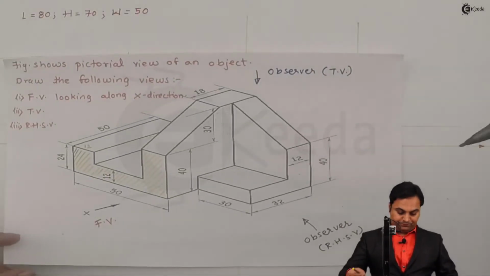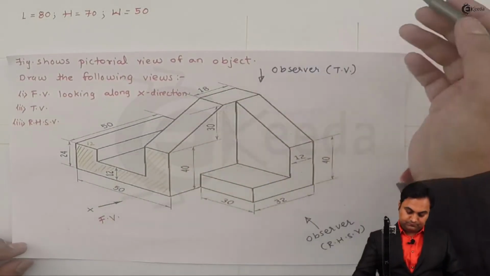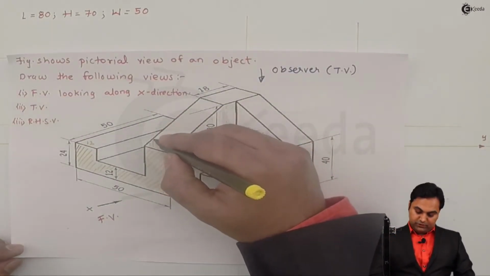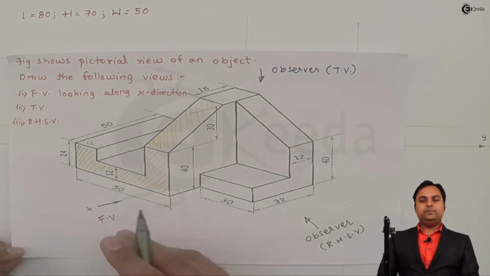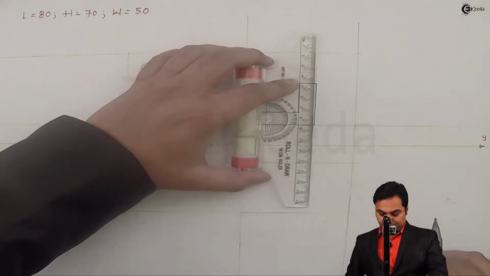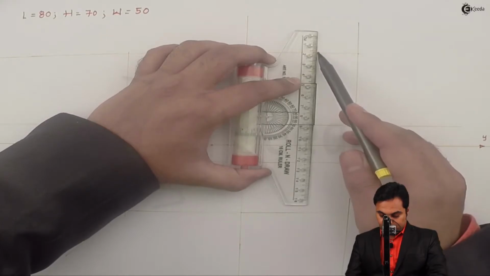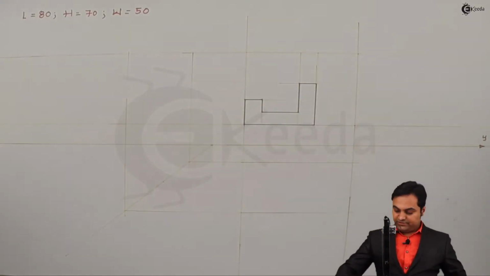Next, after that, this inclined rectangle will also be visible, and from the front it will appear as a straight rectangle. So it is appearing as a straight rectangle.